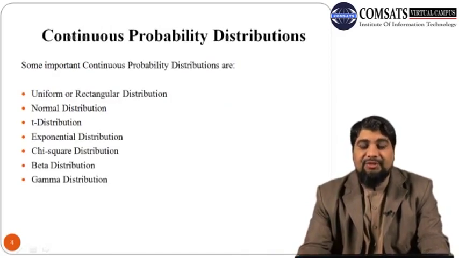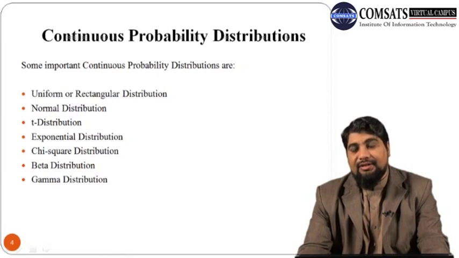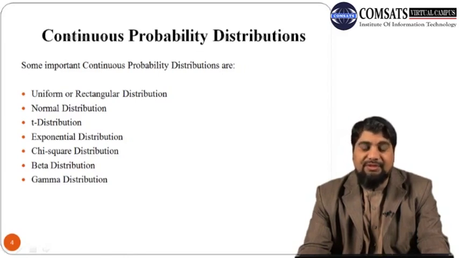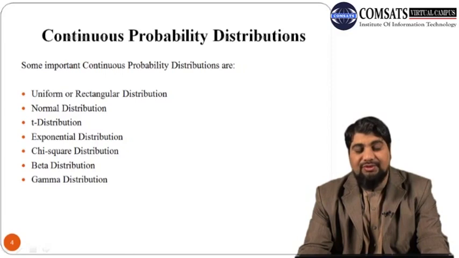So, continuous probability distributions. Some of the very important and most commonly used continuous probability distributions are the uniform distribution, which is also called the rectangular distribution and is the focus of today's lecture, and then the normal distribution, the t distribution, the exponential distribution, the chi-square distribution, the beta distribution, and the gamma distribution.